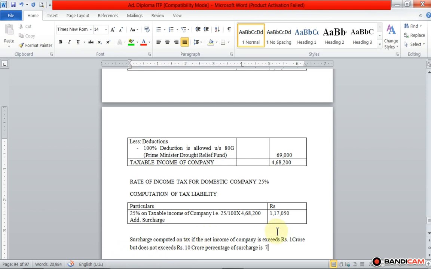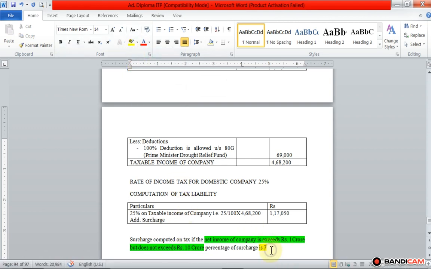So it is very important: if the net income of the company exceeds 1 crore but does not exceed 10 crore, the percentage of surcharge is 7%.